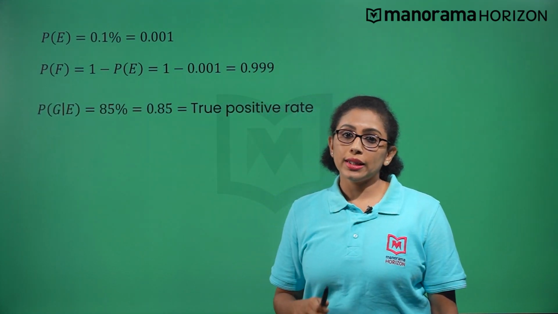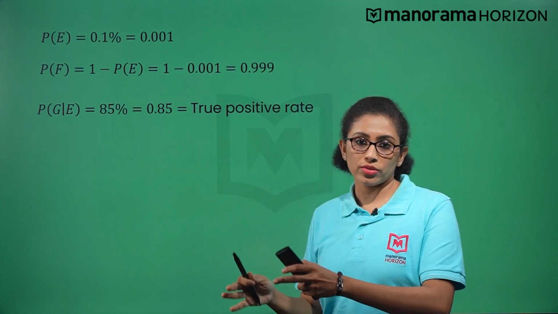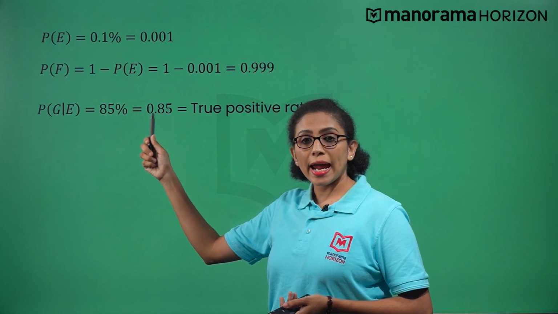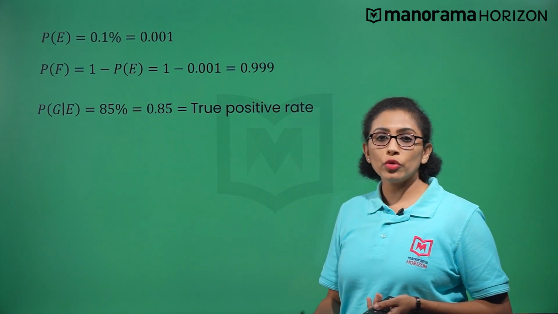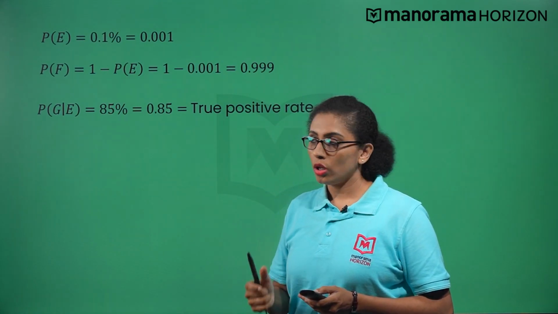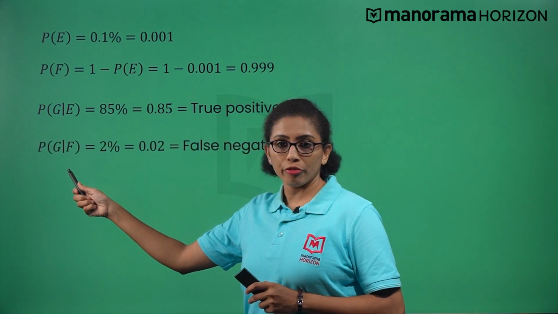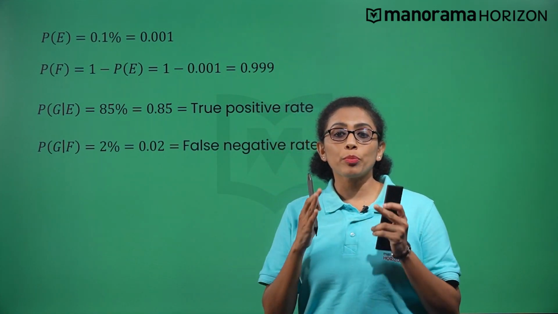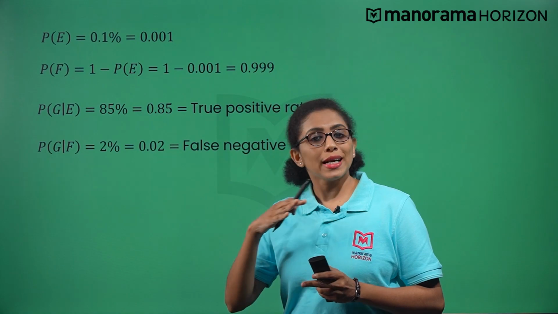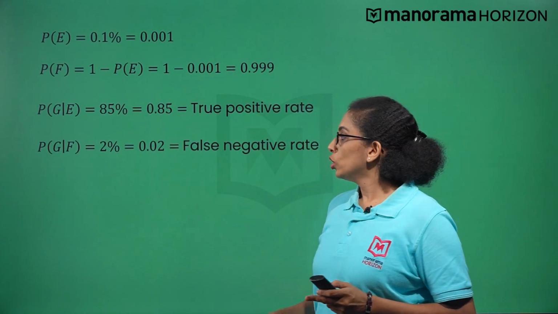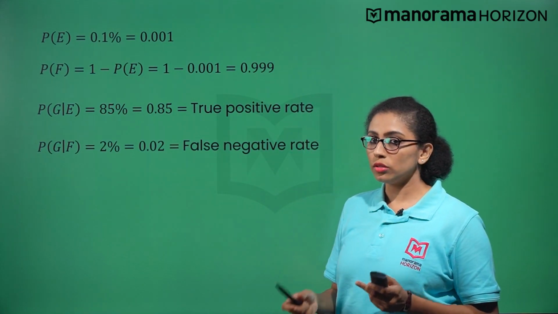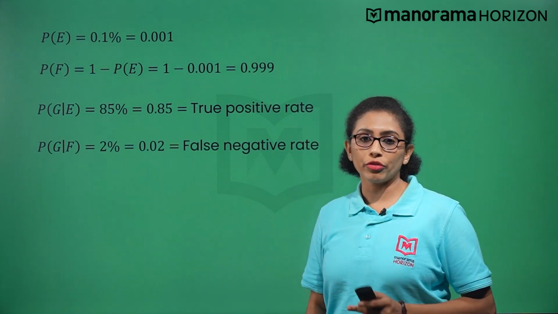It is the probability that the test judges COVID positive if the person actually has COVID. That is 85%, which will be 0.85, the true positive value. Now, P of G given F. It represents the probability that the test judges COVID positive if the person does not have COVID. That is 2%, and we get it as 0.02, which is actually the false positive rate.